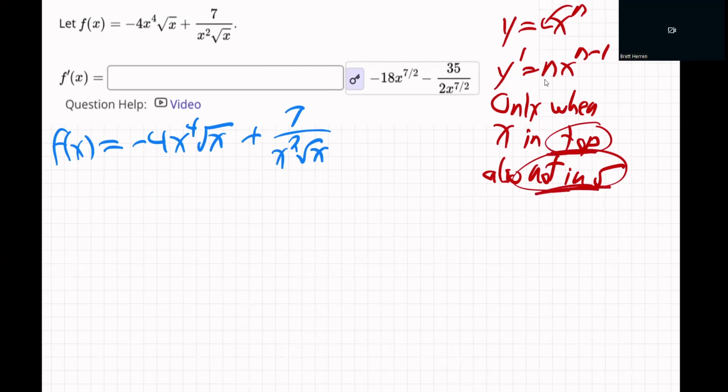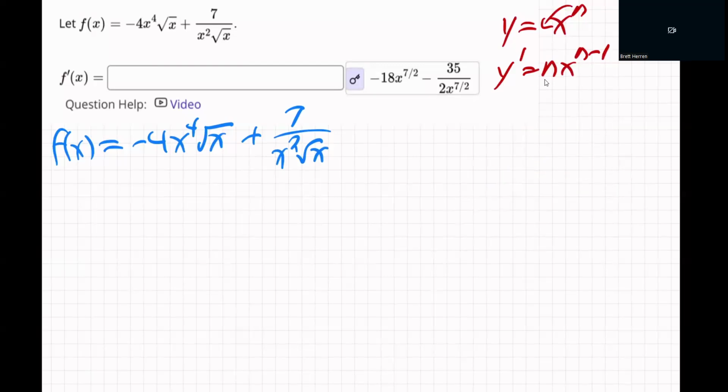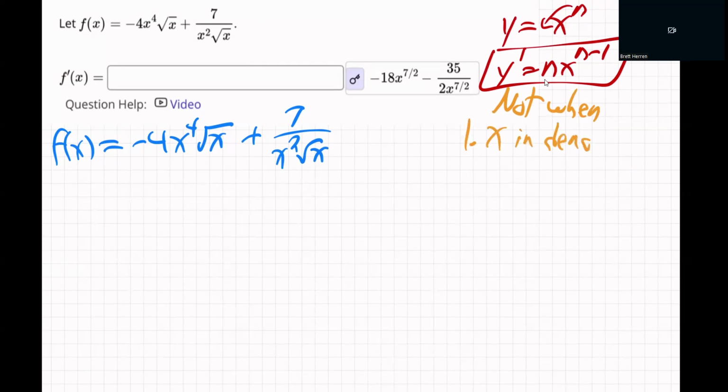So in fact, I should probably lay out all those things. So this is the power rule, but it's not okay when x is in the denominator. You can't do it when x is in the denominator, x is in a root, or x's are multiplied.